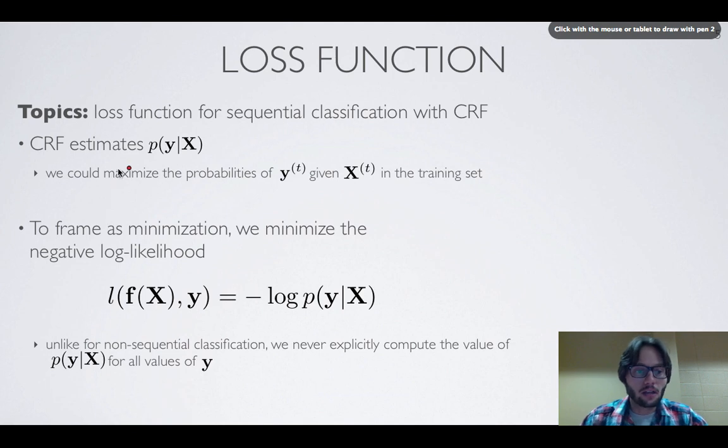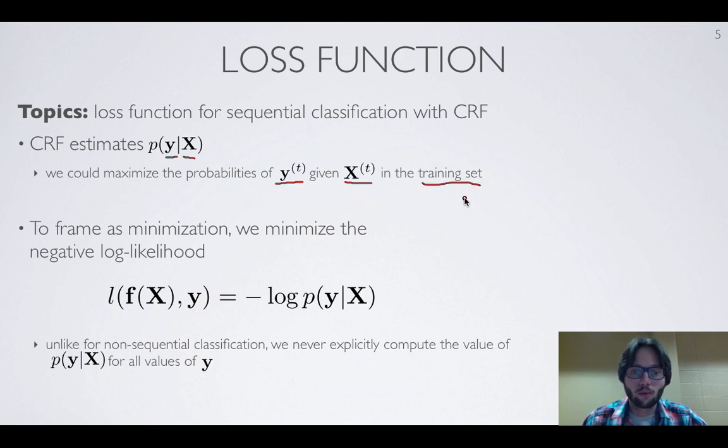So again, because a conditional random field estimates the conditional probability of the target given the input, what is a natural thing to do is to maximize the probability assigned to the true target sequence given some input sequence as extracted from our training set.